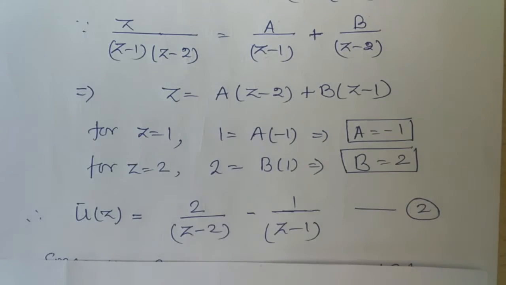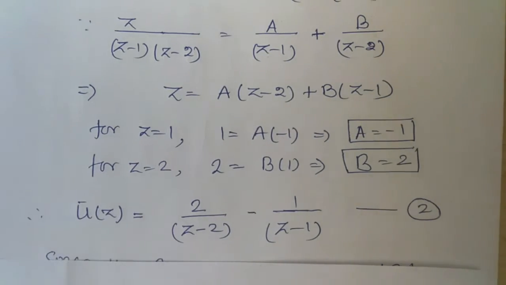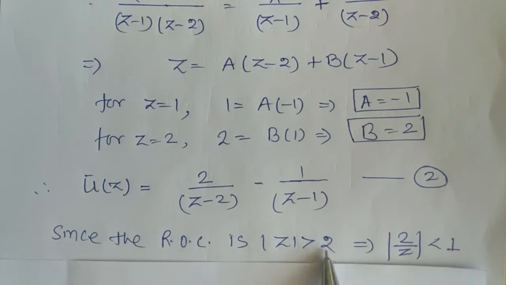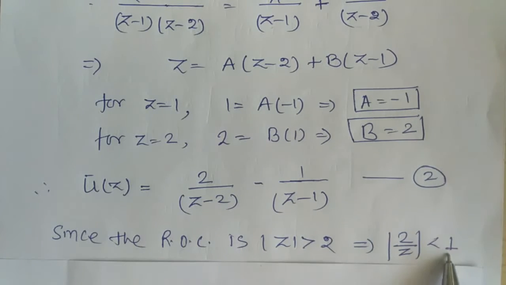Now the region of convergence is what? Mod Z is greater than 2. So 2 by Z, mod Z is greater than 2. Therefore mod 2 by Z is less than 1.